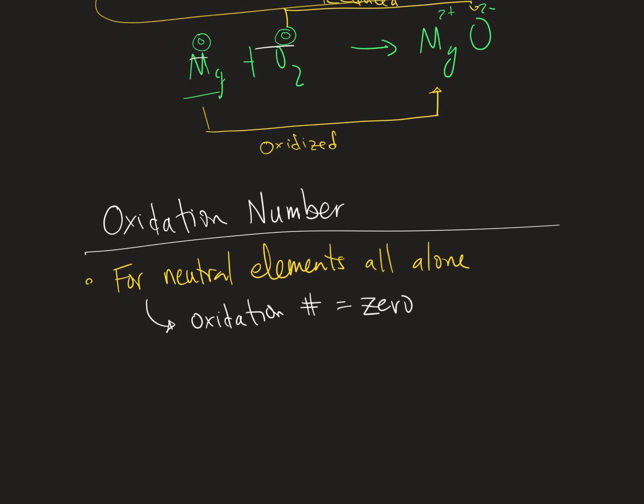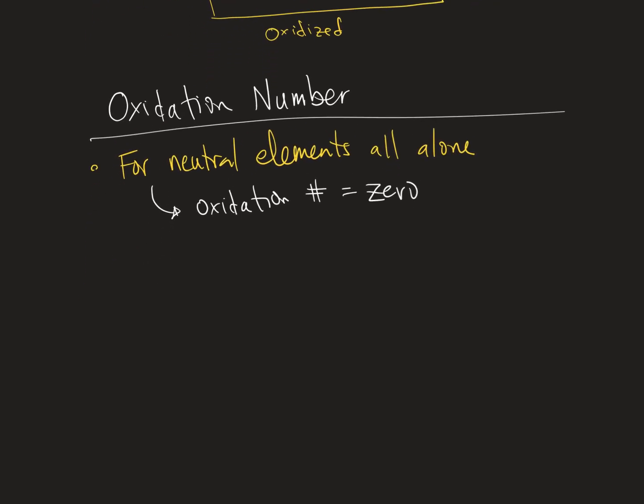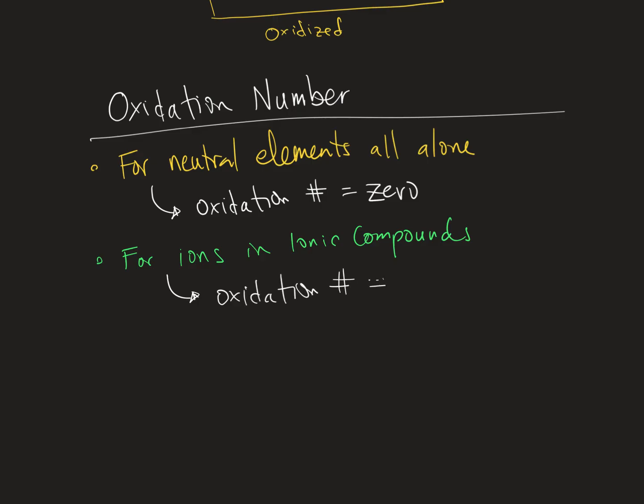And that's our next point, for ions in ionic compounds, the oxidation number is equal to the charge of the ion.